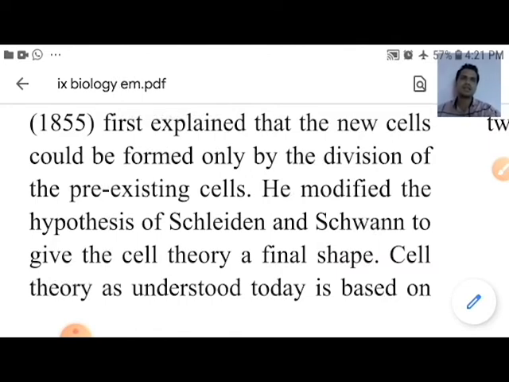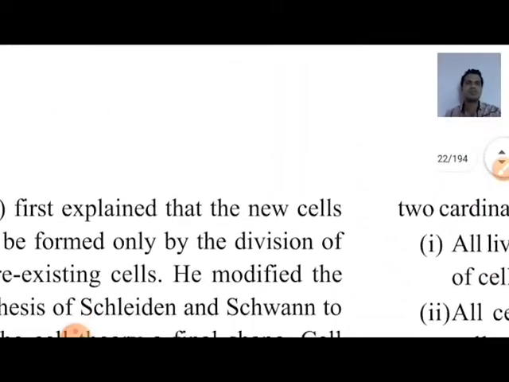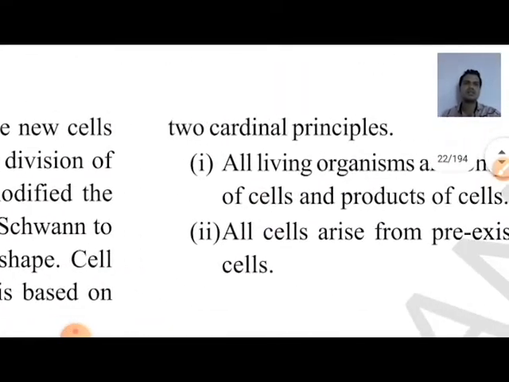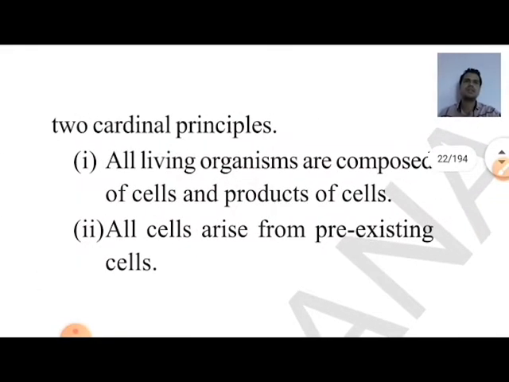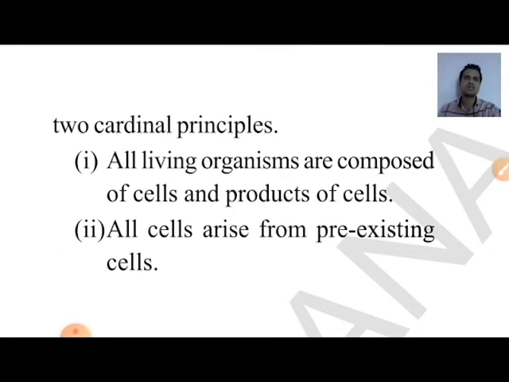Cell theory is understood today based upon two cardinal principles. What is the meaning of cardinal principle? The heart-like important principles. What are those principles? All living organisms are composed of cells and products of cells. What does this line indicate?